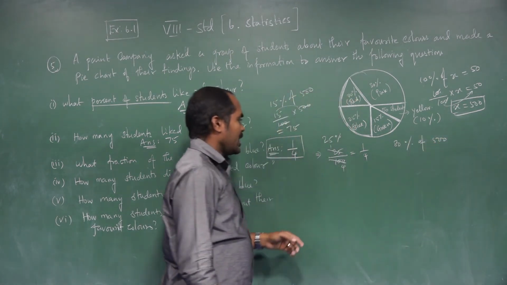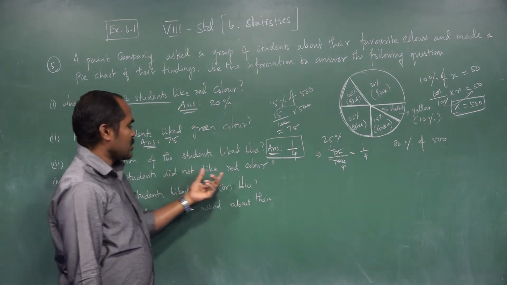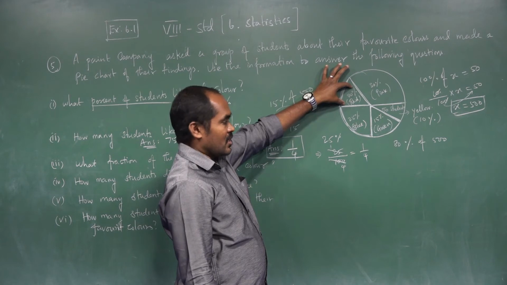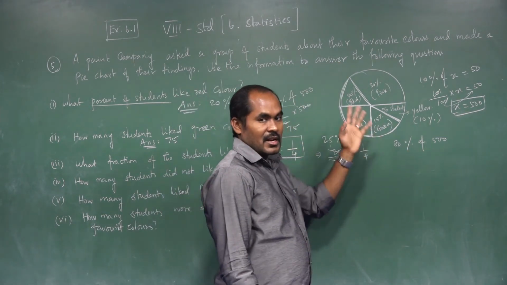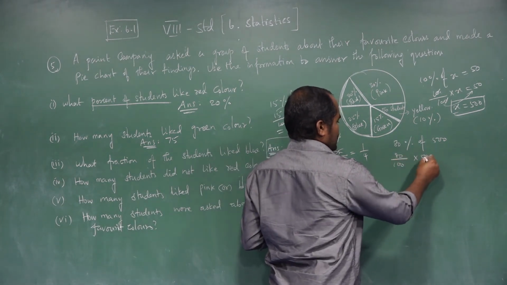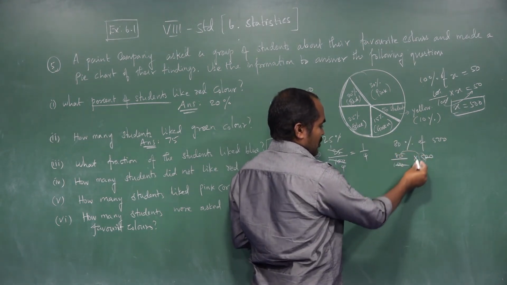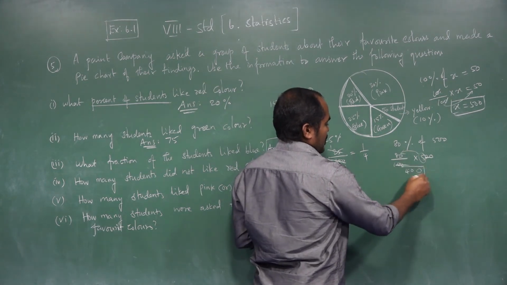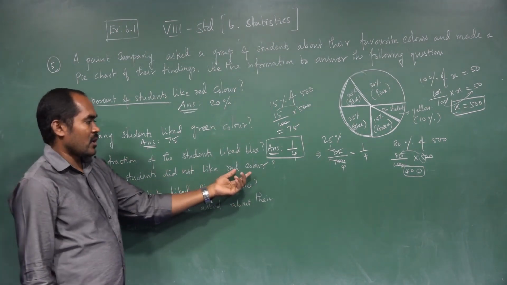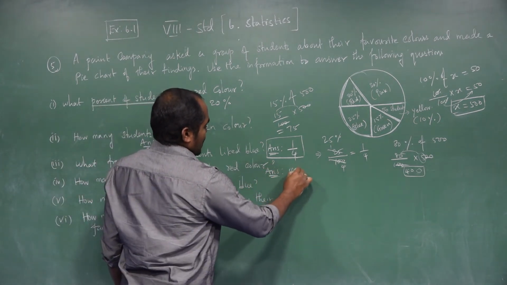So 80 by 100 into 500. Zeros cancel. 5 8s are 400.